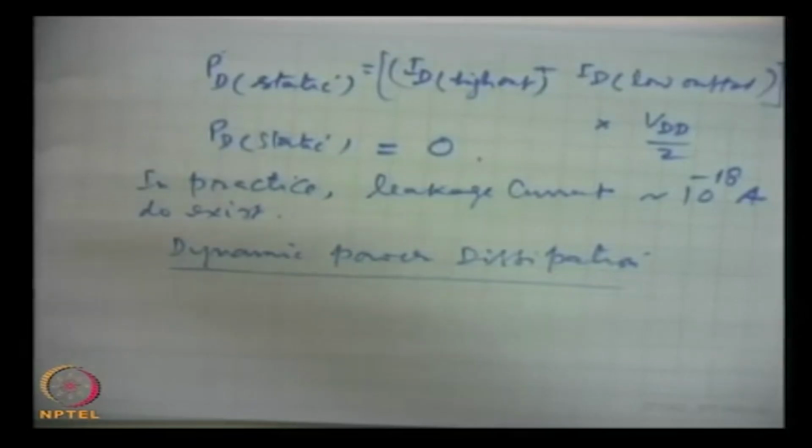But dynamic power dissipation occurs when both these MOSFETs are changing states. During that transient period, when the states are being changed from on to off or from off to on, for that short period drain current flows in the CMOS, and that accounts for the dynamic power dissipation.